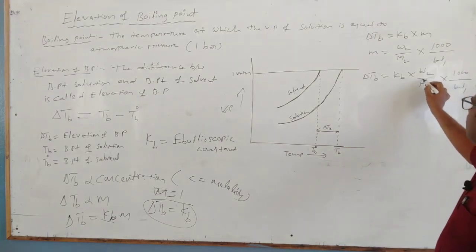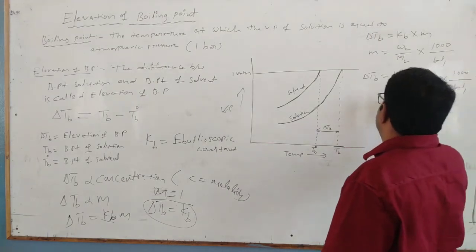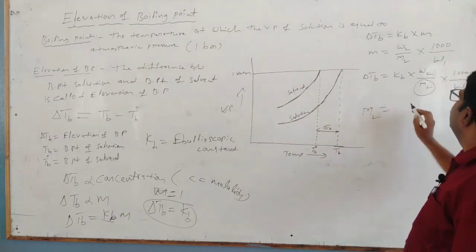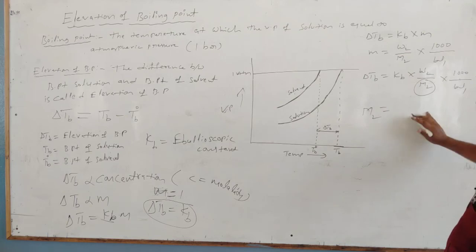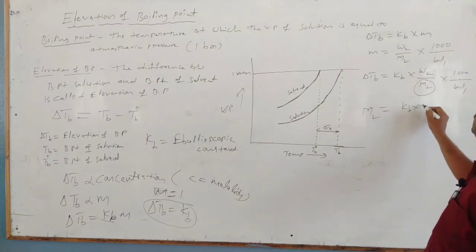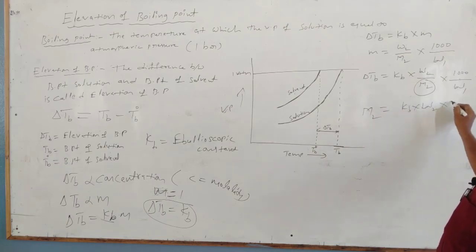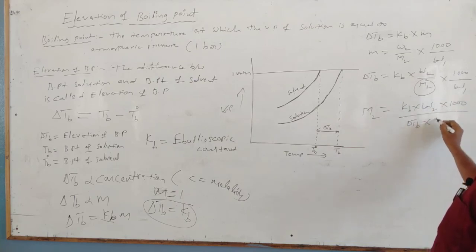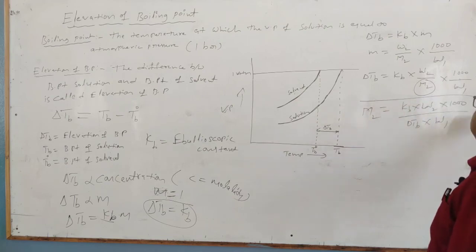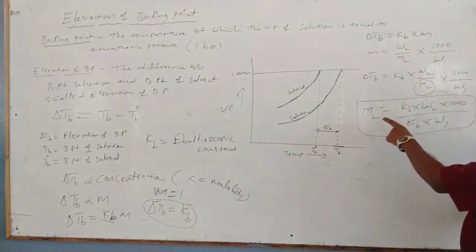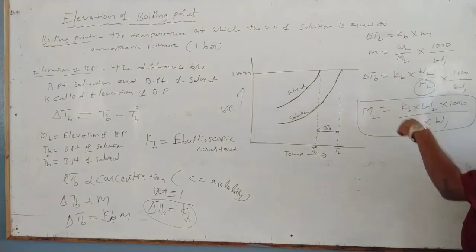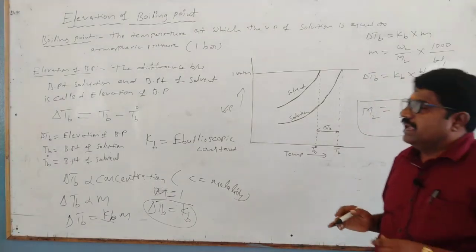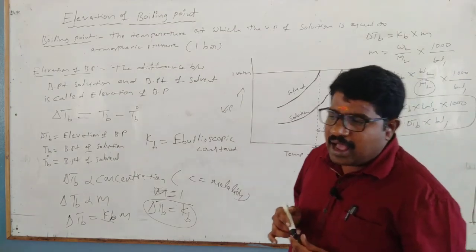What we have to calculate is M2. So M2 is equal to Kb into W2 into 1000 by delta Tb into W1. So this is the molecular weight of the solute from the elevation of boiling point.